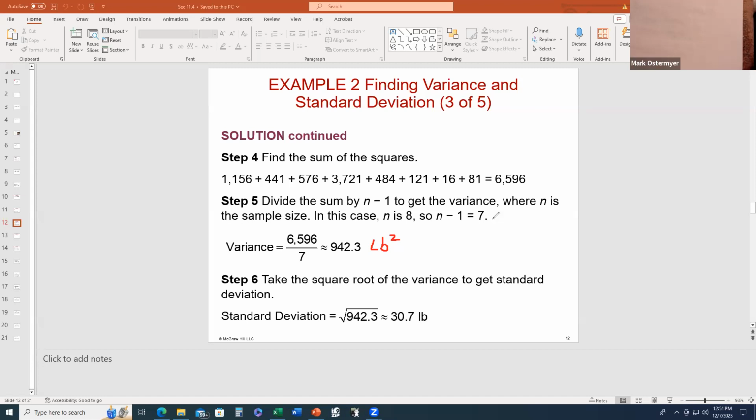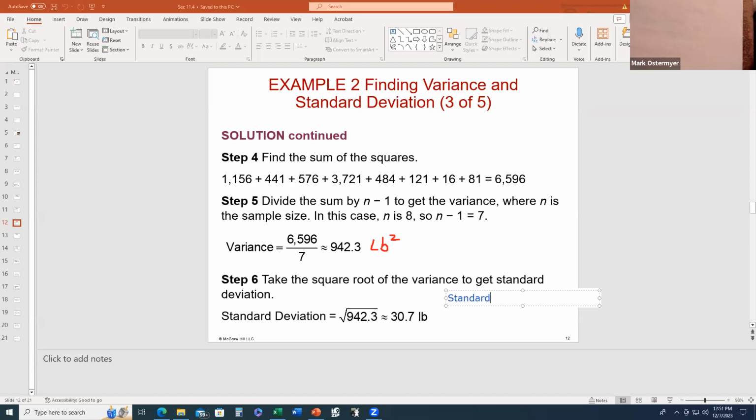So in a sense, ladies and gentlemen, and this is very important, so much so that I'm going to actually type it out. So what is the standard deviation?